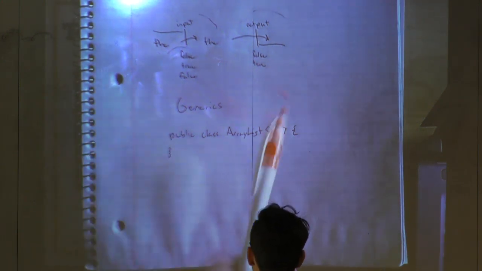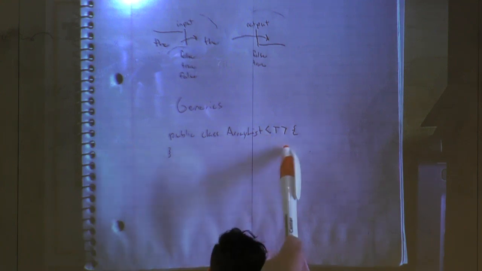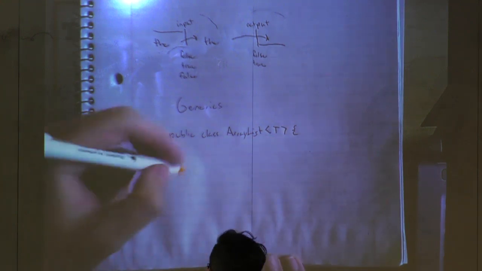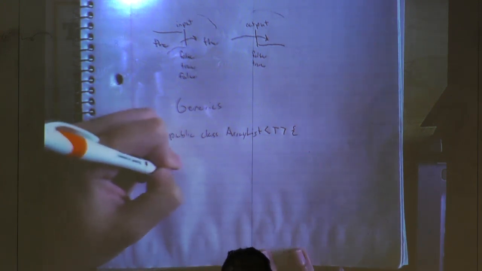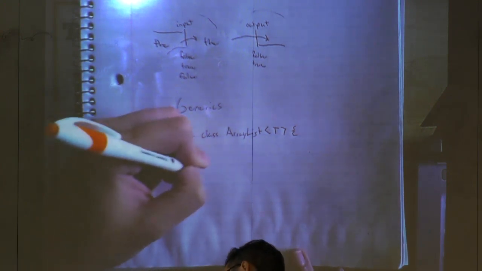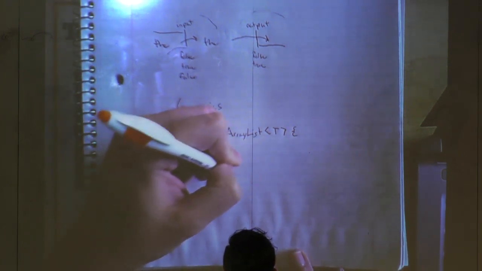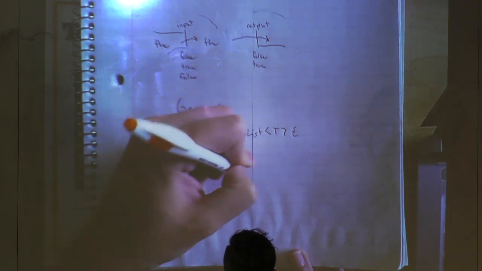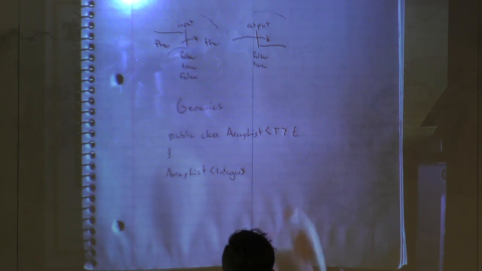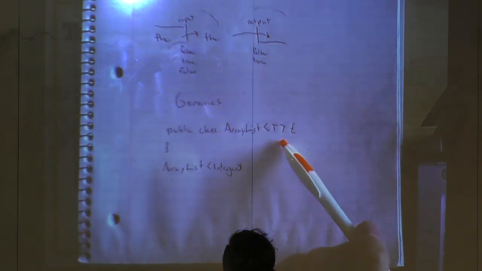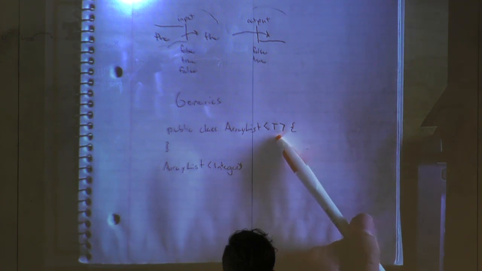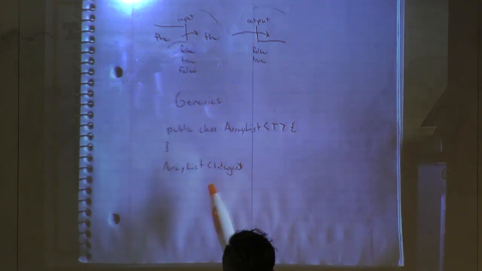So the reason that this is here is that every place where ArrayList works with the data that you're inserting into it, it will always refer to this value T. So when you instantiate an ArrayList, and you're writing what class you're working with in your ArrayList, it's going to replace every instance of this letter T in its class definition with whatever class you put in between the brackets here.